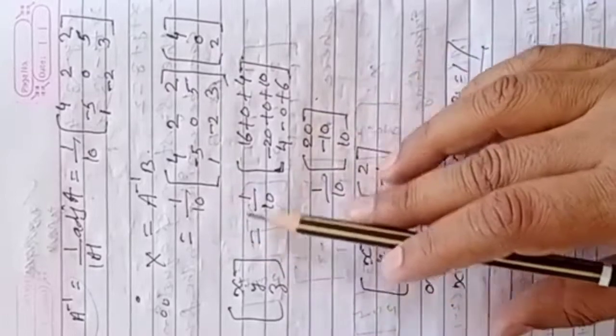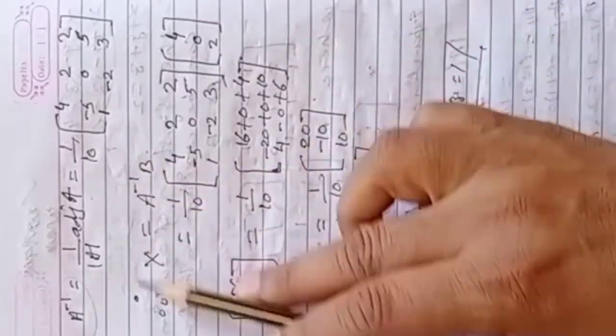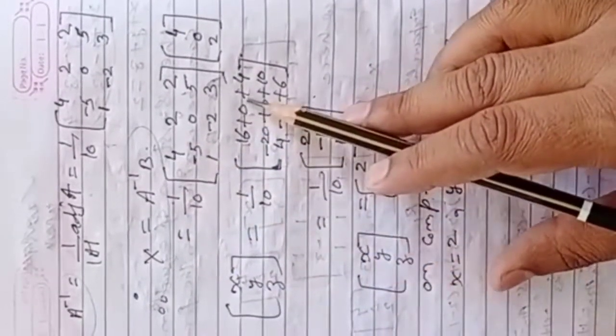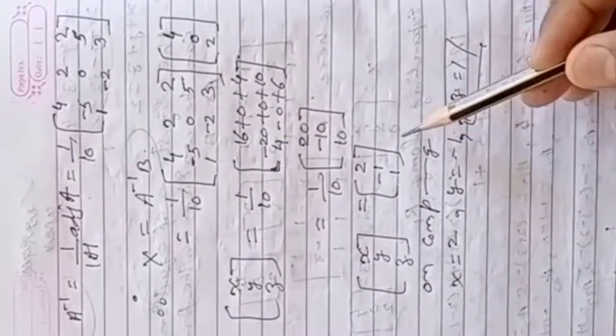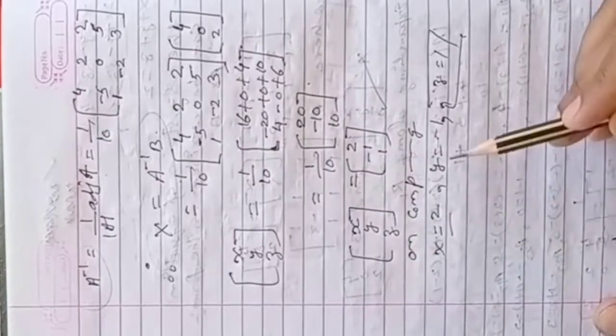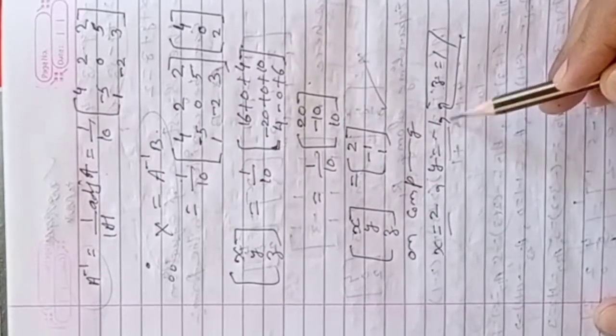So after applying the formula X is equal to A inverse B and solving, x y z is equal to 2, minus 1, 1 is coming. On comparing, x is equal to 2, y is equal to minus 1 and z is equal to 1 is coming. So we have done it like this.